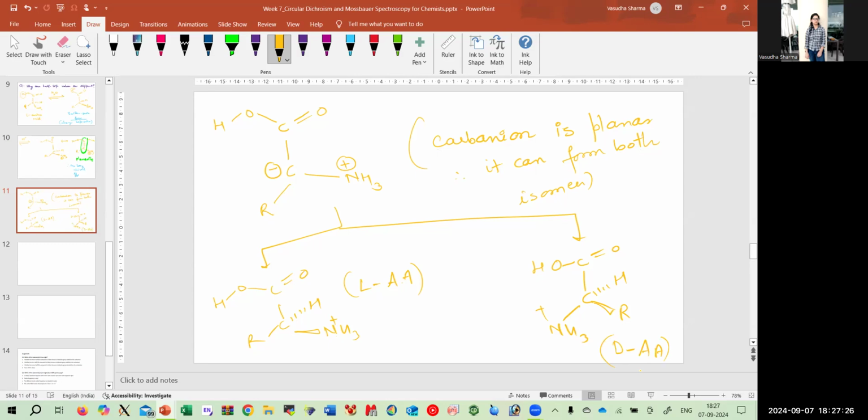So in the racemic mixture, you get 50-50% of both when we are describing how, in the presence of the proton or in the presence of water, it converts from the L to D amino acid. Slowly, the L amino acid would definitely convert to the D amino acid.